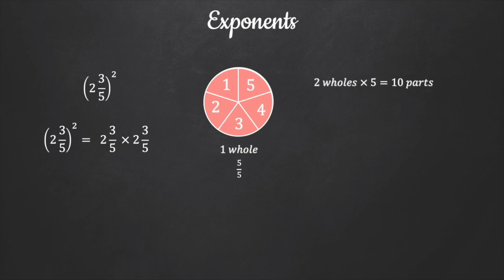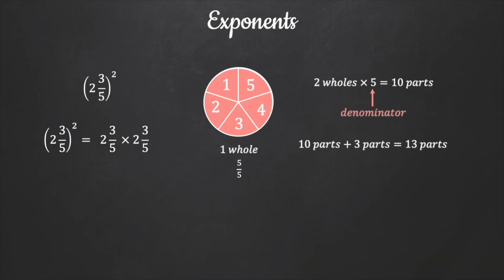So because we have 2 wholes, we're going to multiply it by 5, which is our denominator, and that would give us 10 parts. And that's because if we had 2 circles, each one of them would have 5 equal parts, and because they both have 5 equal parts shaded, in total that would equal 10 parts.